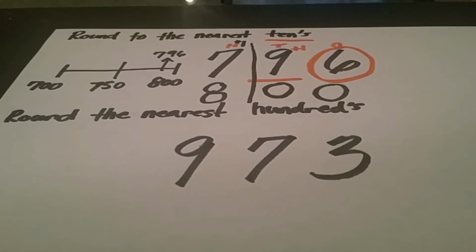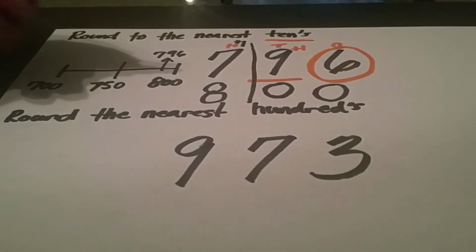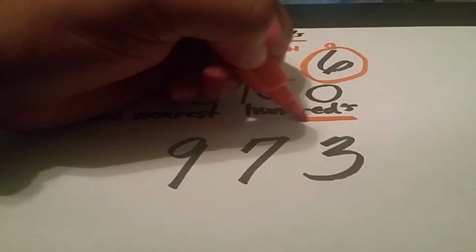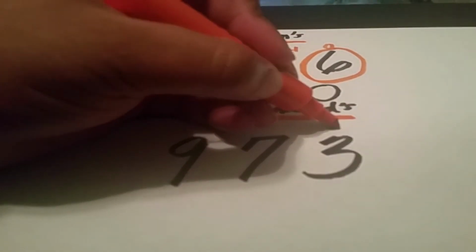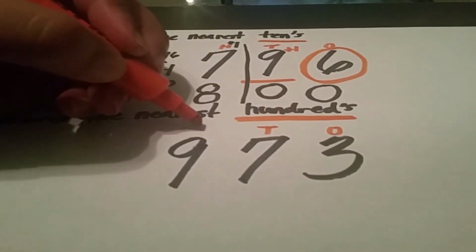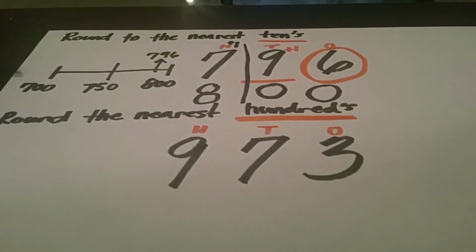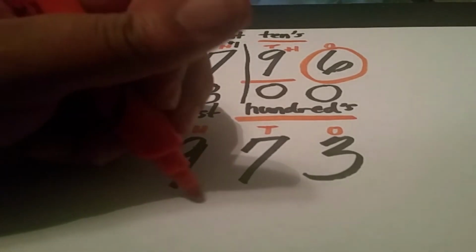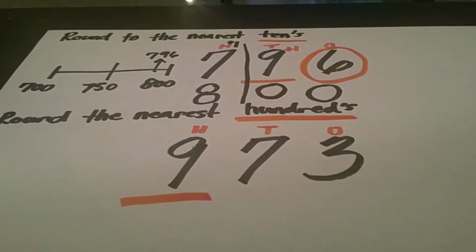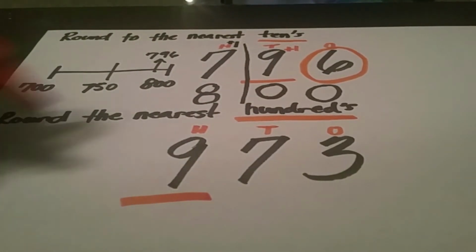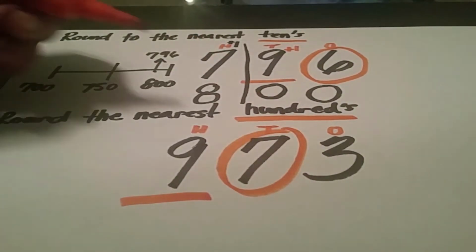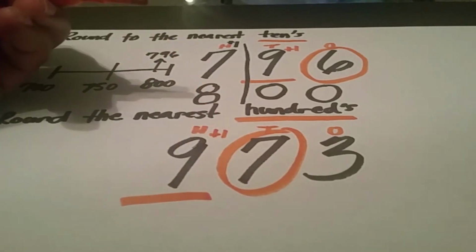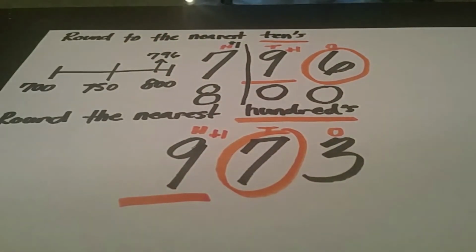It says round to the nearest hundreds. So the first thing we're going to do is identify our place value. Then we're going to label our place values: ones, tens, hundreds. So we know we're going to underline the 9 because it's in the hundreds place. Then we're going to circle his neighbor. The 7 tells us to add 1.